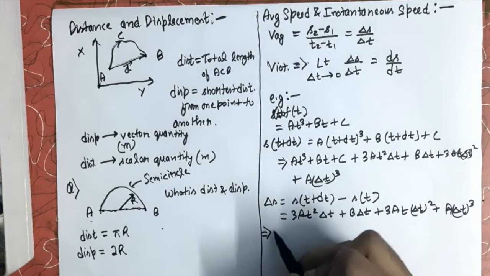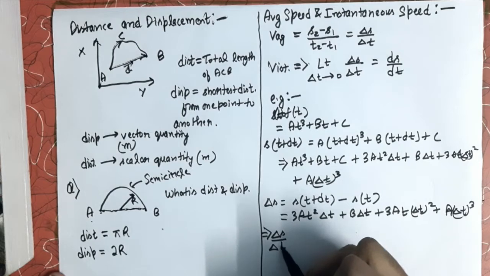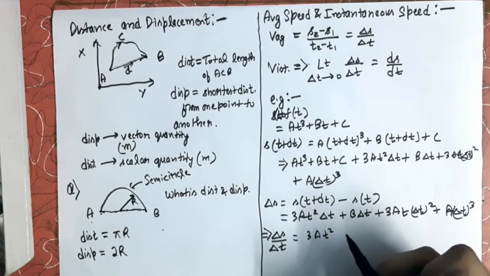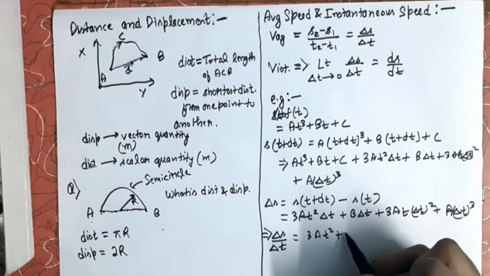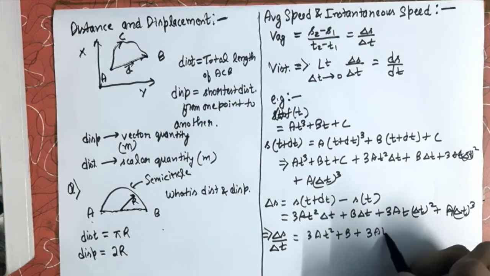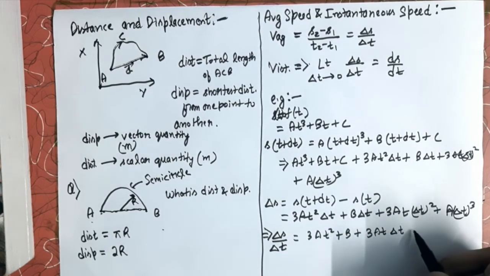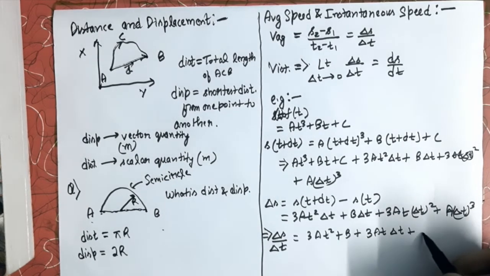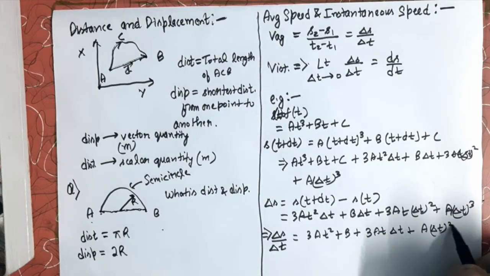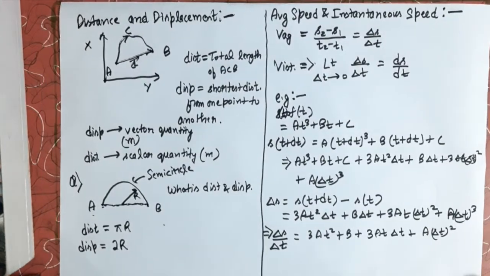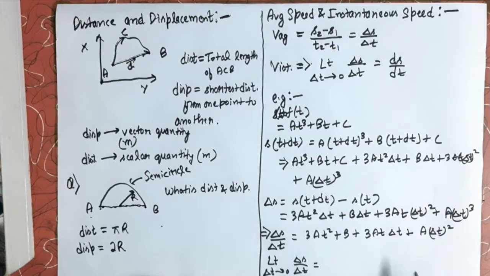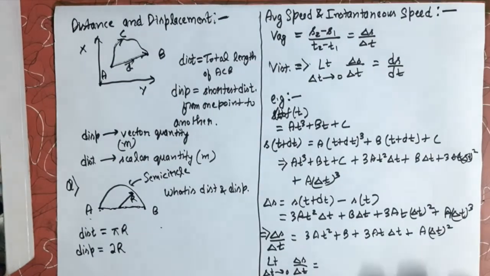Now if we divide both sides by delta t, we will get 3a t square plus b plus 3a t delta t plus a delta t square. Now if we put limit delta t tends to 0, what is the final expression?